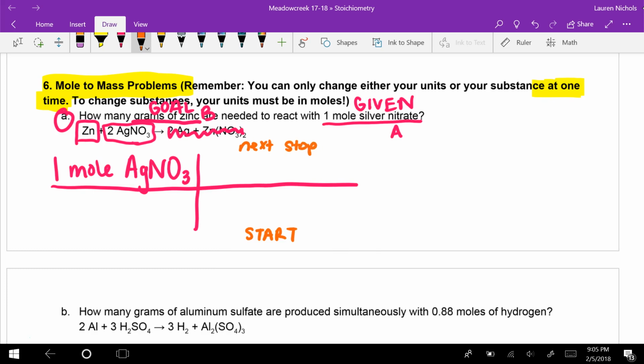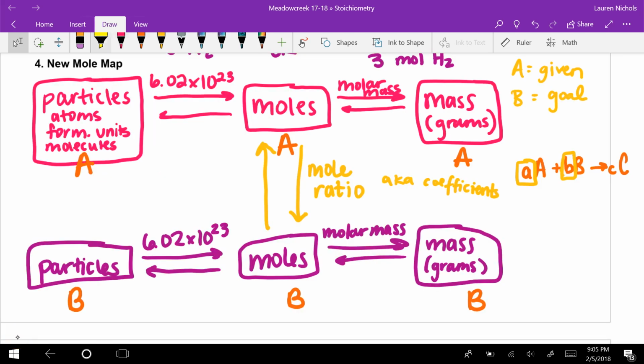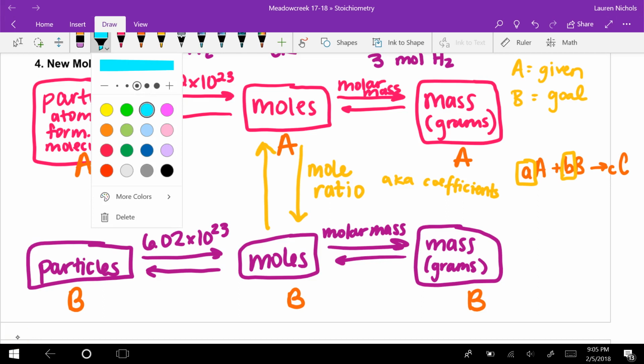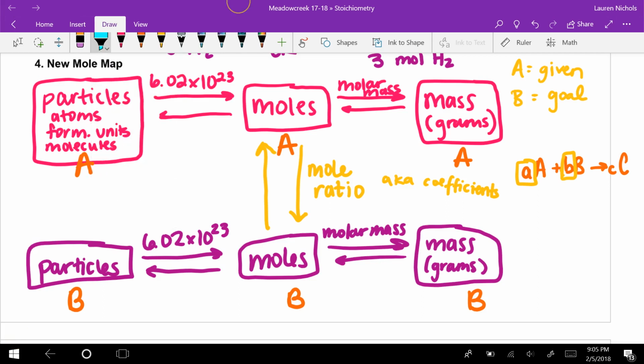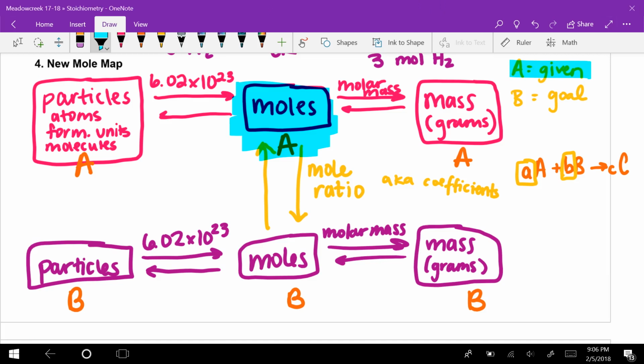So in order to determine this, we're going to need to look at our mole map. So go ahead and look at your mole map. When we're looking at our mole map, we were starting in moles of given. We had 1 mole of silver nitrate. So that's moles of A, because A is our given. And it wanted to know the grams of zinc, or grams of B. B is our goal, so that's zinc, and that's over here.